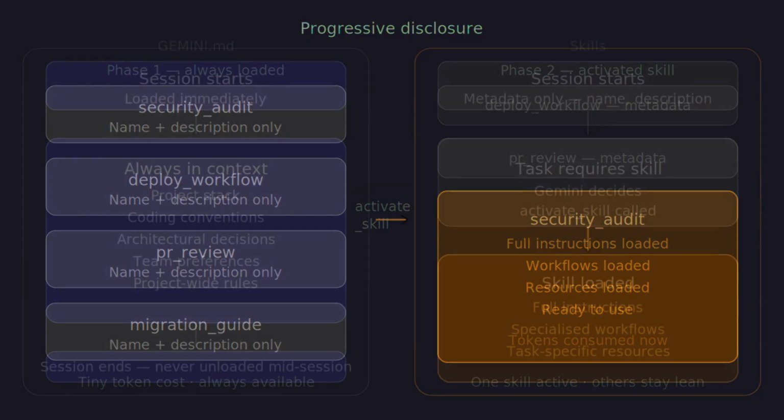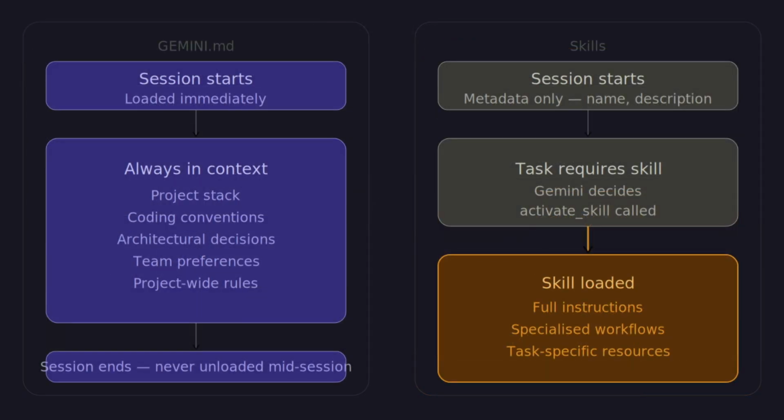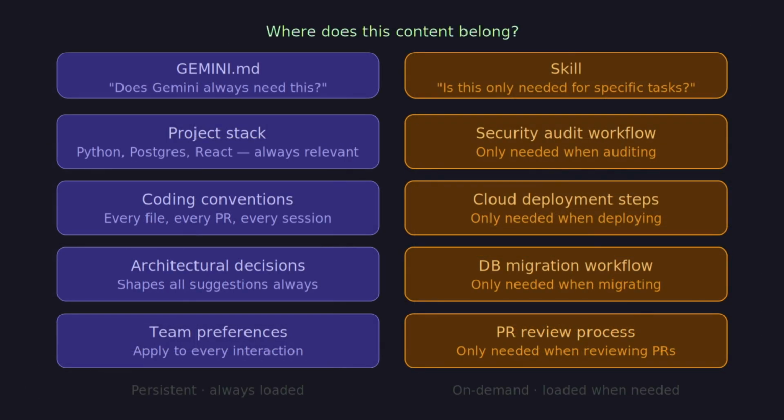The distinction between skills and Gemini.md is important. Gemini.md is a persistent context. It's loaded at the start of every session and stays in context throughout. It's the right place for things Gemini always needs to know: your project stack, coding conventions, and architectural decisions. Skills are on-demand expertise.